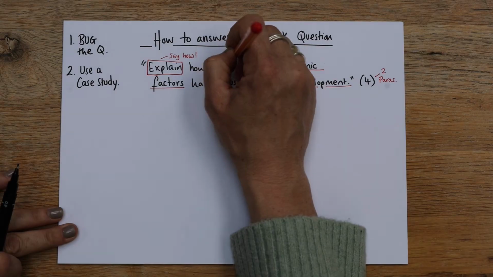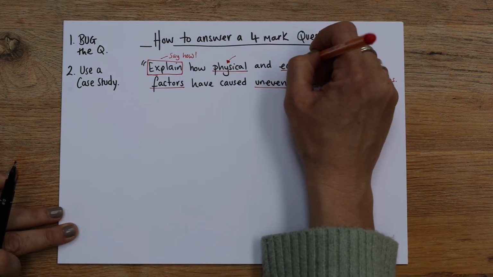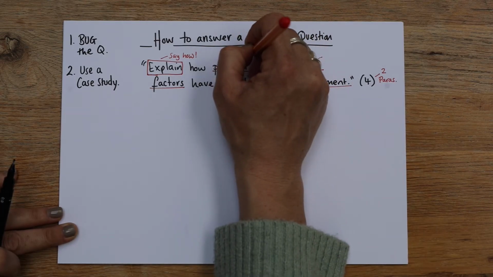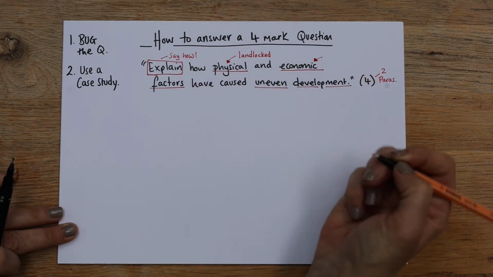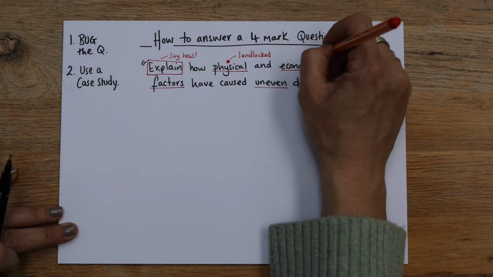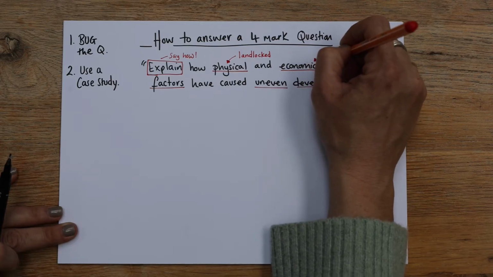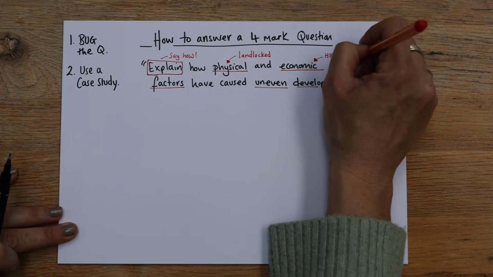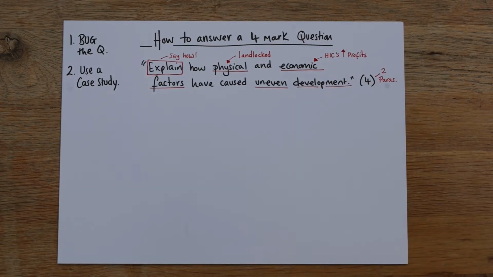So we're going to have an arrow to physical, arrow to economic. We're going to make our little plan. All we're going to talk about, because it's only 4 marks, is a physical factor, being landlocked, and an economic factor, which is that high income countries have higher profits. Okay, because the low income countries don't. And we'll look at why that is in a second.